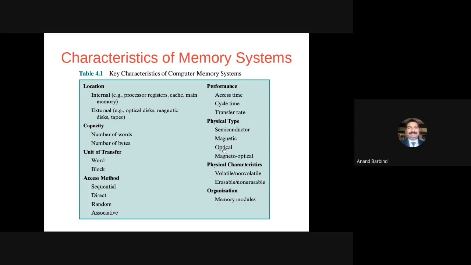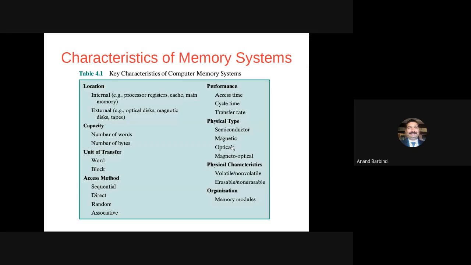So is the case with the optical devices. So it is the compact disc or DVDs or CDs. Those are the optical devices, and data or programs can be stored on those optical discs even.